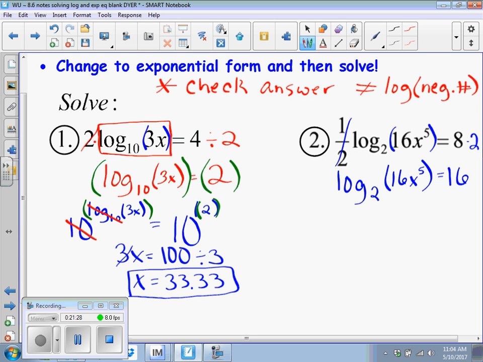Okay, I've got my log by itself. So I'm going to remember to keep that together and that together. What's my base? So it's going to be 2 to the left-hand side power equals 2 to the right-hand side power.